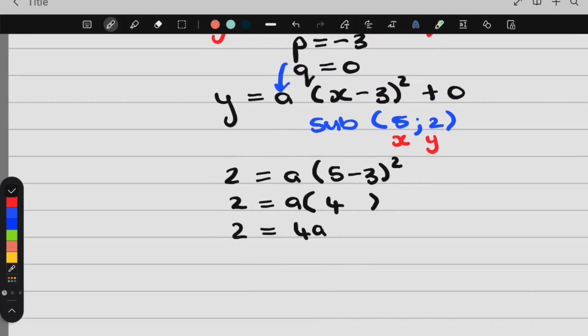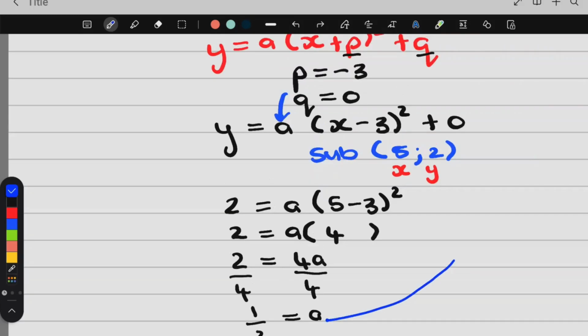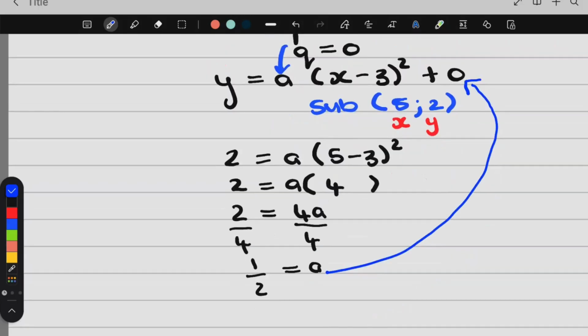And I divide both sides by the number in front of A. So I get my A to be what? A half. So A is a half. Then I take this A and I go put it in this equation over there. So I write my final equation. y is equal to a half (x minus 3) squared. And you can leave the 0 out or just say plus 0. Doesn't matter.